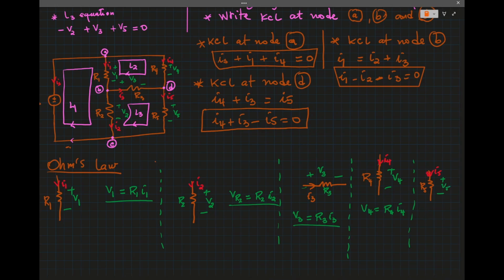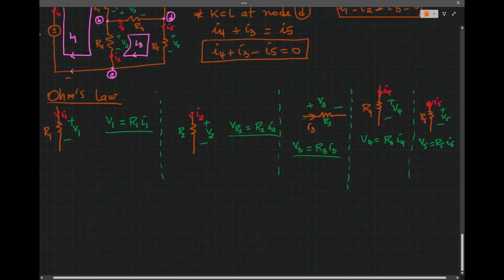So with the passive sign convention, V5 equals R5 I5.